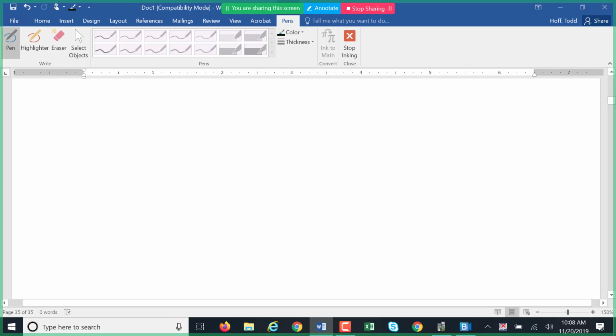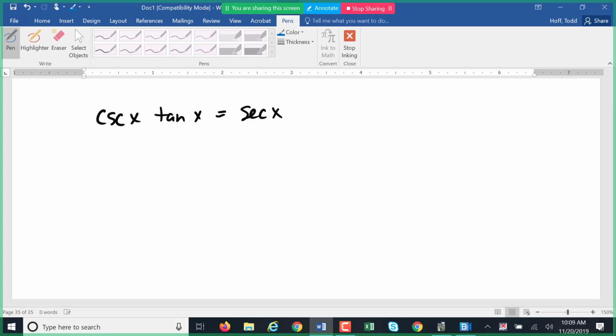So we might have cosecant of x times tangent of x equals secant of x. Now, as I said, the first step I would take here is to change these into sines and cosines.